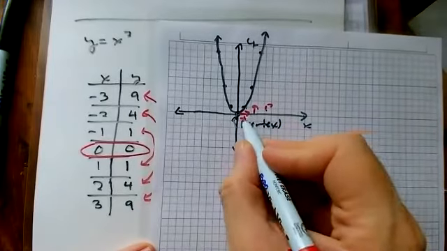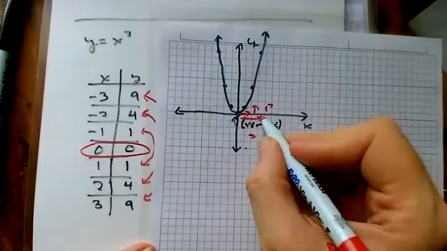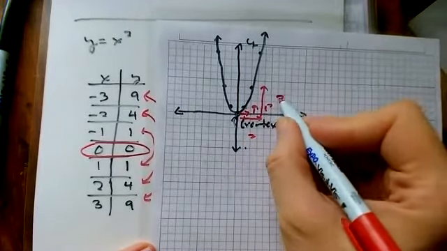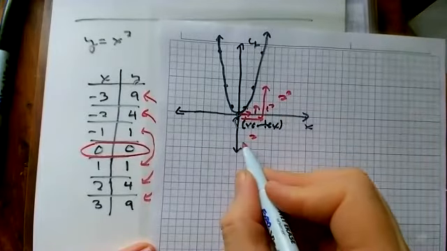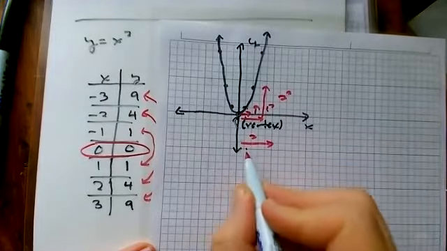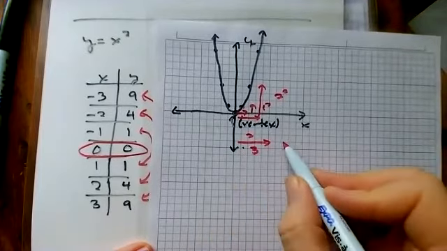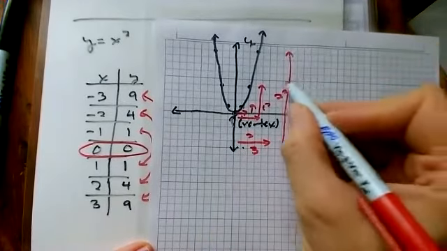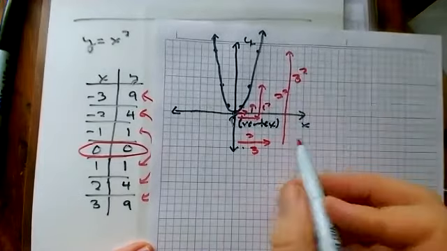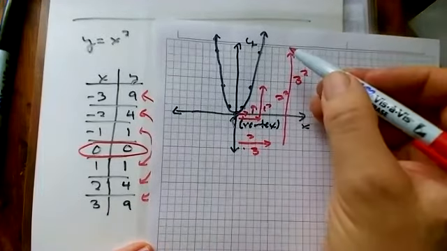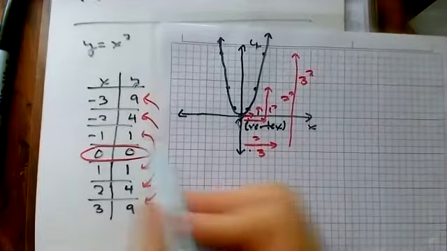If it moved out 2, it moves up 2 squared. If the x value is 3 away from the vertex, it moves up 3 squared from there. This is the pattern.